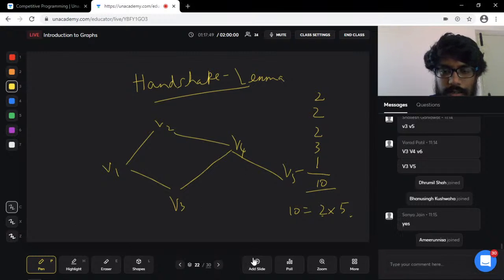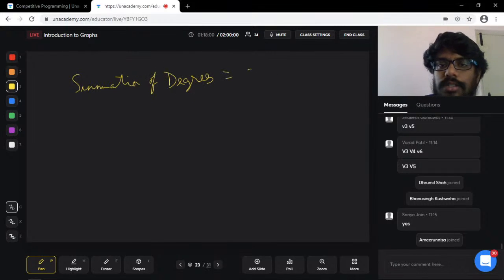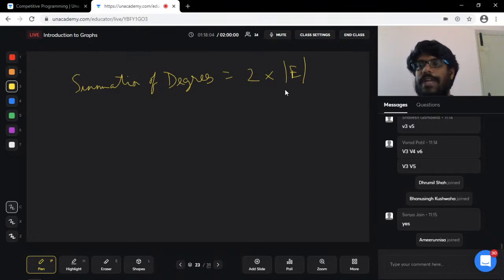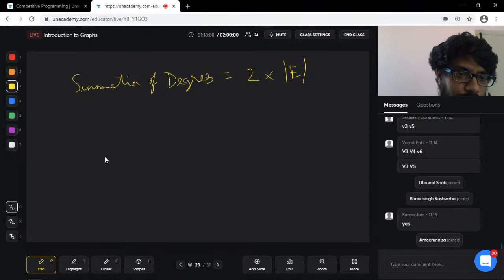In particular, the handshake lemma says that the summation of degrees is 2 into the number of edges.